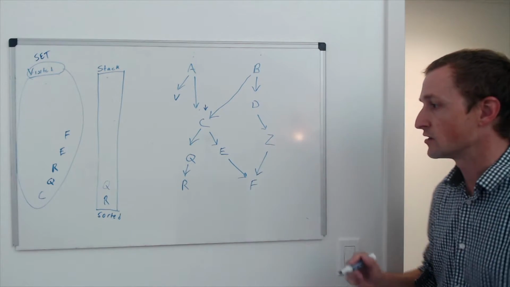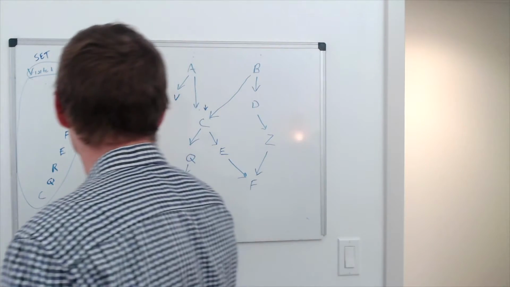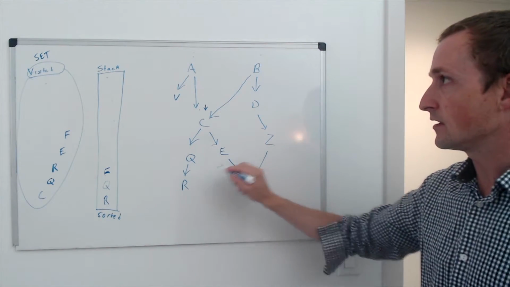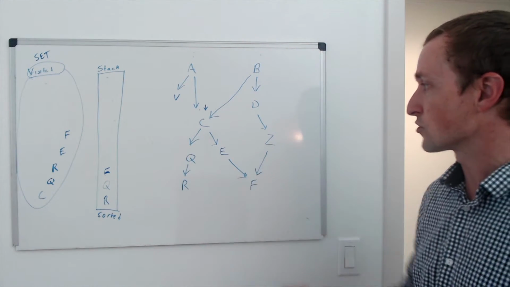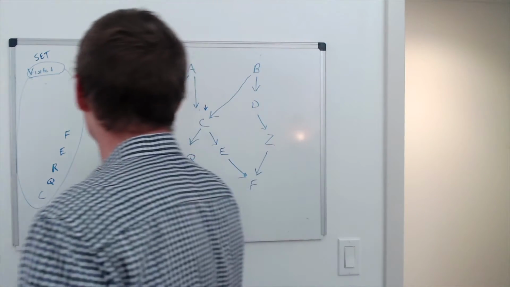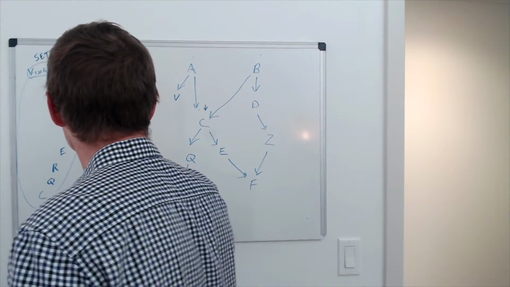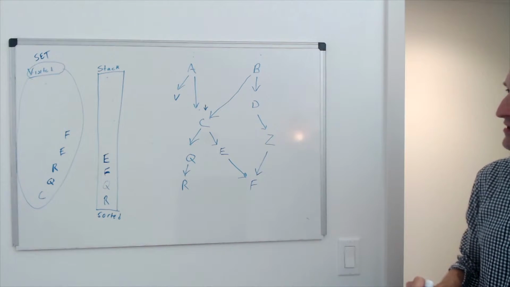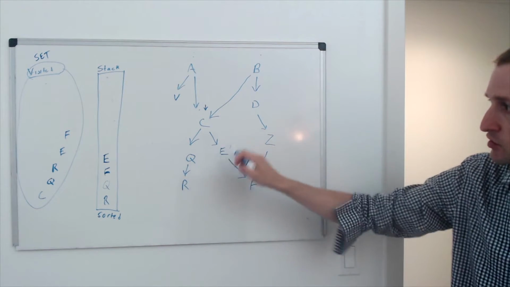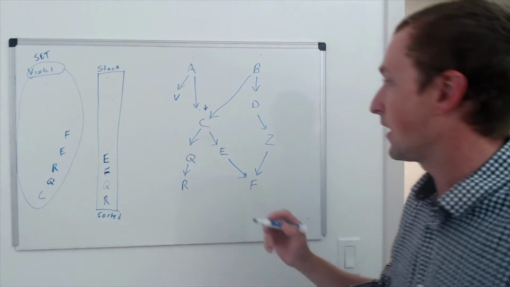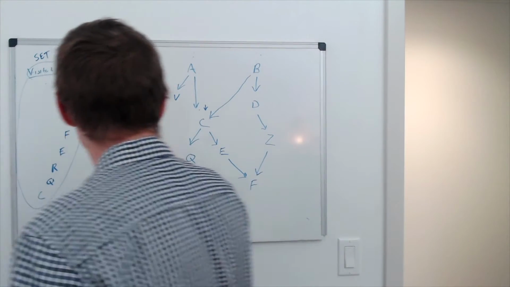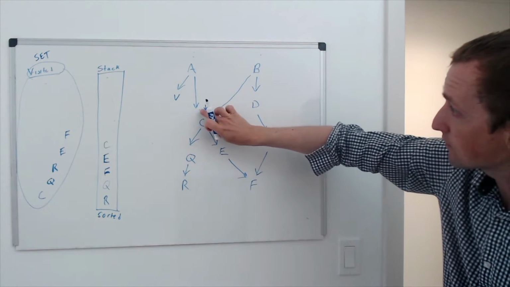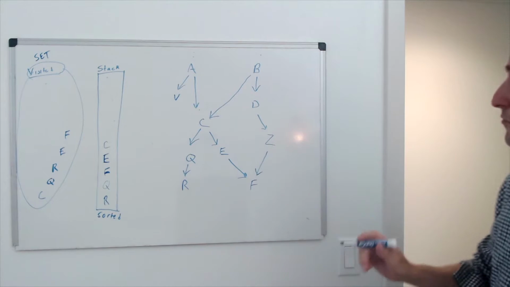It is considered sorted, so we'll put F here, and then we'll go back to E. E has no more children, so E will be added to the stack, and then we'll go back to C. C has no more children. We've visited Q and E, so we will add C to the stack. So now we have totally explored this part of the directed graph, and we'll randomly pick another place.